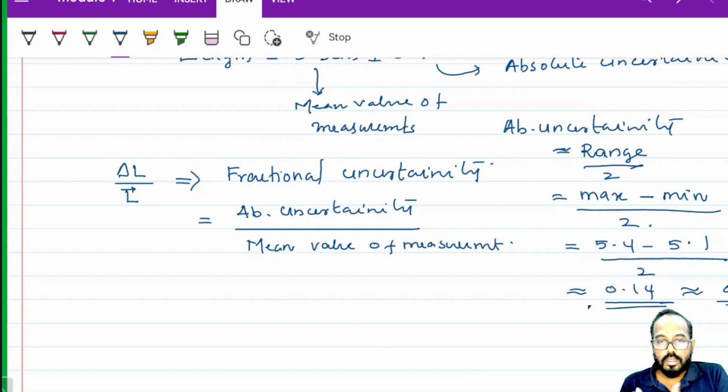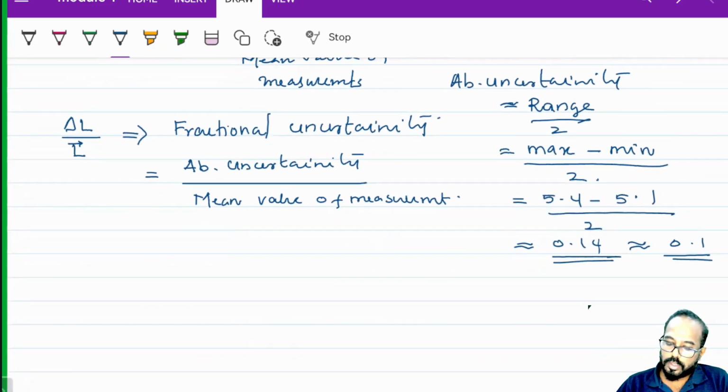So what is the error in that measurement? You're taking the fraction of it. Like your mark, out of 100 you scored 80. If you want to take how much mark you lost, 20 by 100, right? Similarly, in the mean value of measurement, this much uncertainty is there, that fraction you are taking. If you multiply this with 100, you will get percentage uncertainty.